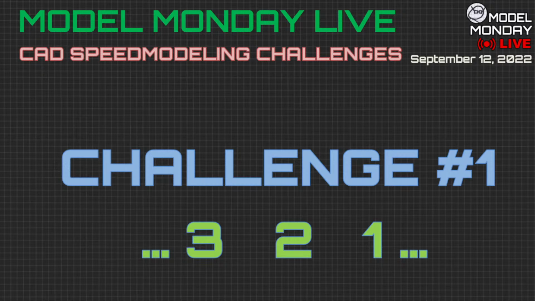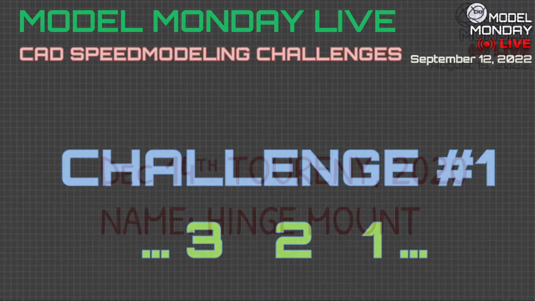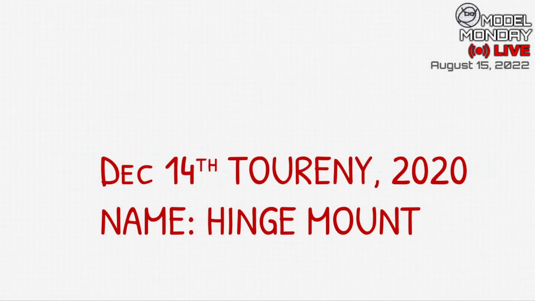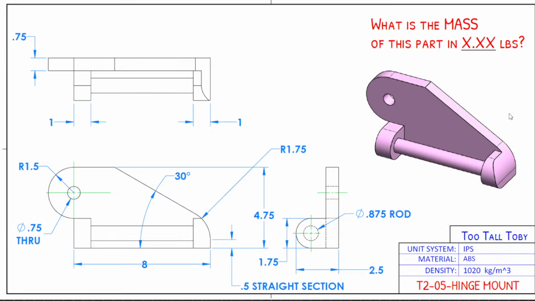The first person to calculate the mass of their 3D model and type it into the chat will be declared the winner if they get the mass correct. So here we go. In 3, 2, 1, I'm going to show you an older print. This one comes from the old December 14th tourney. 3, 2, 1, go.